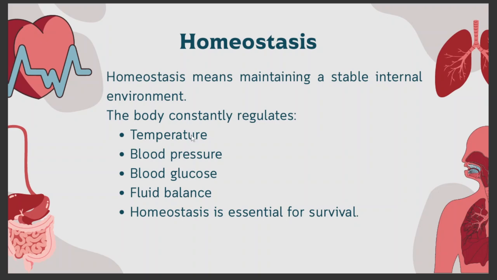For example, the body temperature is about 36.5 to 37, right? So anything below that or anything higher than that range, the body will try to bring you back to this stable internal environment. Blood pressure is supposed to be 120/80.